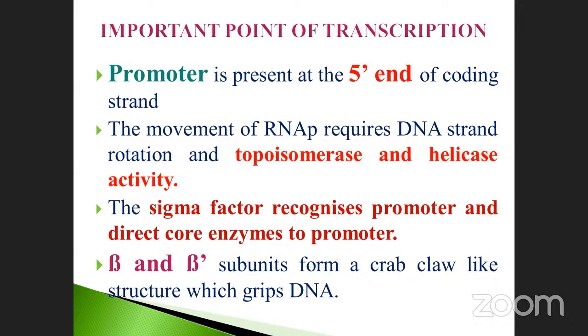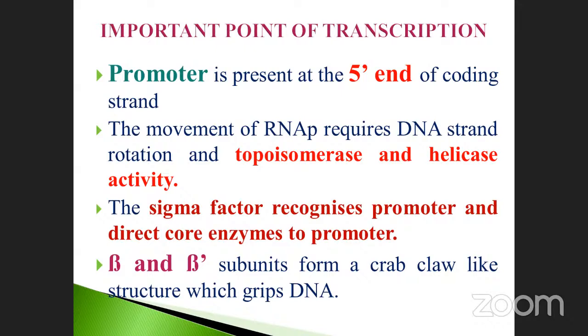So these are the 4 points that are very important for the transcription process. Promoter at the 5' end; RNA polymerase requires DNA strand rotation, with topoisomerase and helicase activities; and the third one is that the sigma factor recognizes the promoter, which you already know very well.